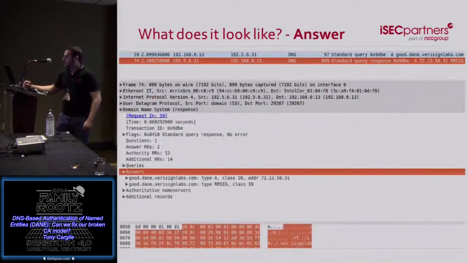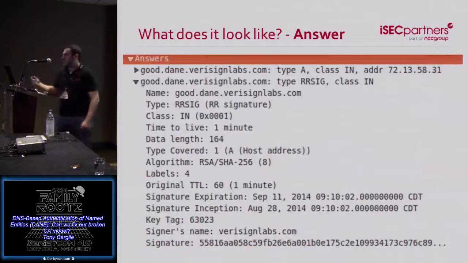And then what do you get back? And this is kind of the interesting part. What you get back is two responses. One you'll see is the A response right here. That's just normal. But then you also get the RRSIG. And the RRSIG tells you, okay, this is a signature for a record using SHA-256 with RSA, and here's the signer's name, and here are the signatures.